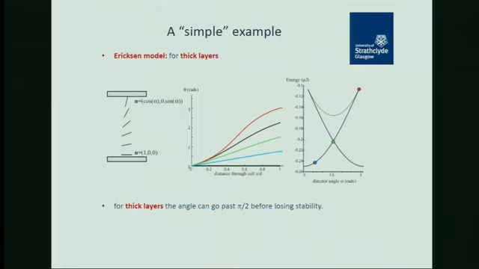There's a fold bifurcation here, and if I were to increase the angle, I would drop off onto this, the reversed splay branch. So these thick layers can go past pi over 2 before losing stability, and then this transition is dynamic. I need a dynamic model to actually model the transition from this branch to this branch as they fall off. There's a set of unstable solutions here as well.